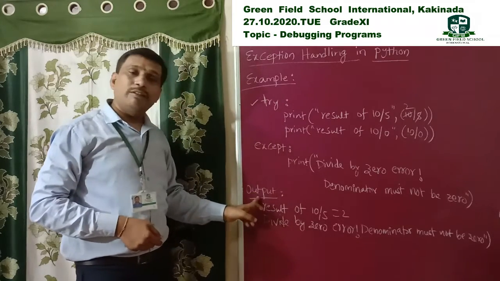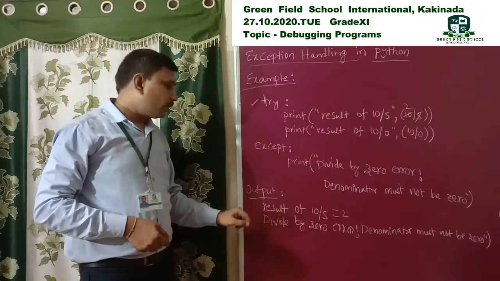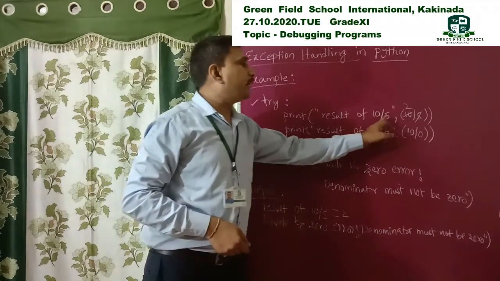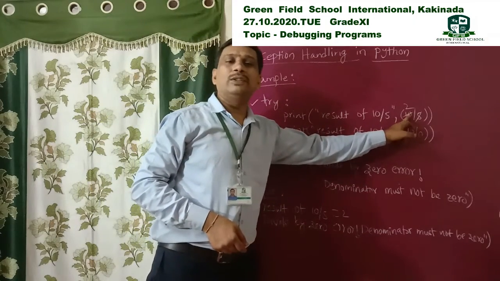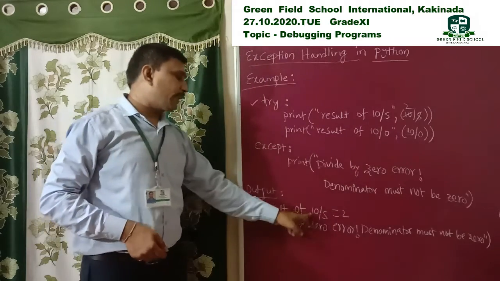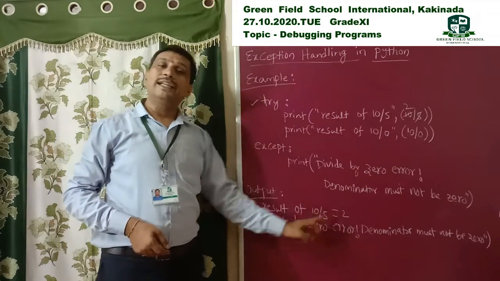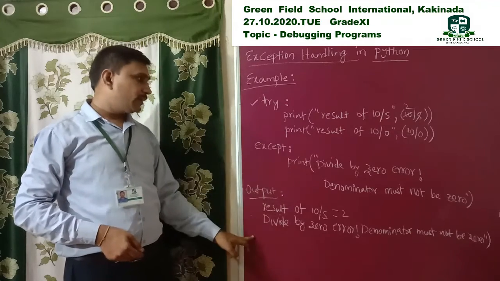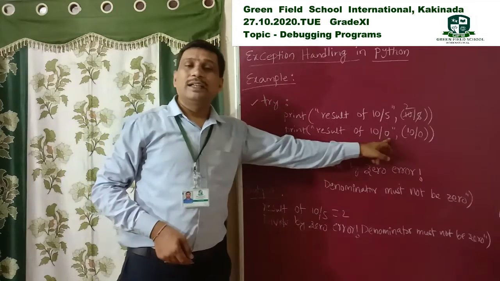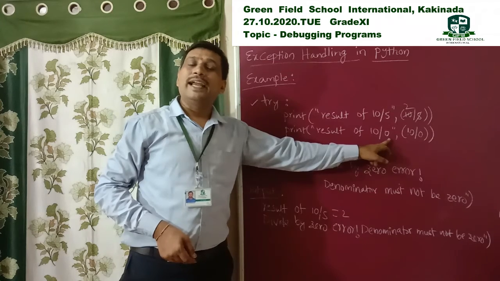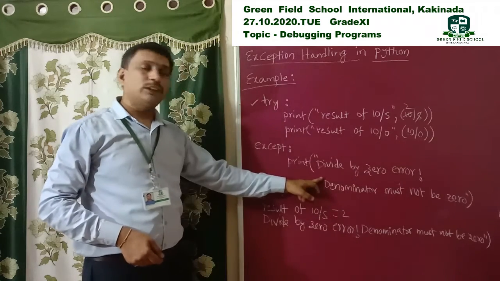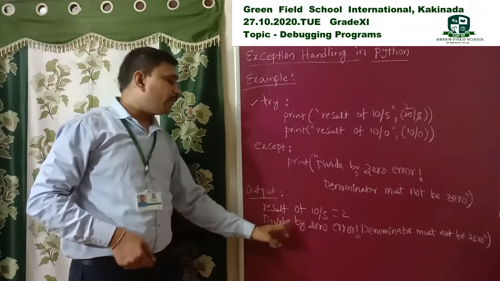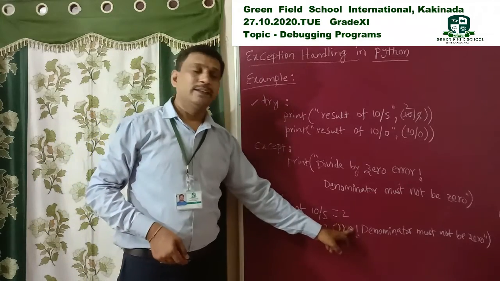When we observe this output, first it displays the result of 10 by 5. It calculated the value, that is 2, so the result of 10 by 5 is equal to 2. Next, when we execute this statement, it immediately causes an exception. It comes to this statement and displays divide by 0 error.